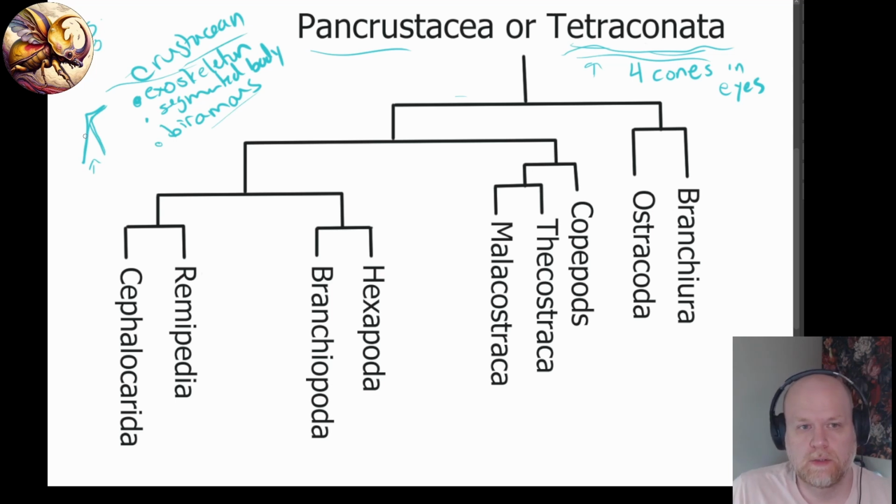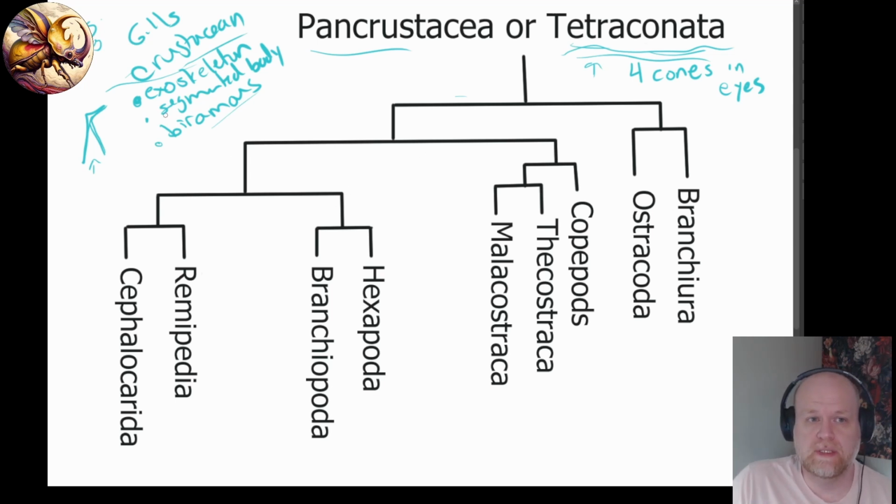Crab claws and shrimp's legs will frequently split into two. That's called being biramous, and that is something that is unique to crustaceans. They also generally have gills, as opposed to book lungs like in spiders or a tracheal system like in insects.